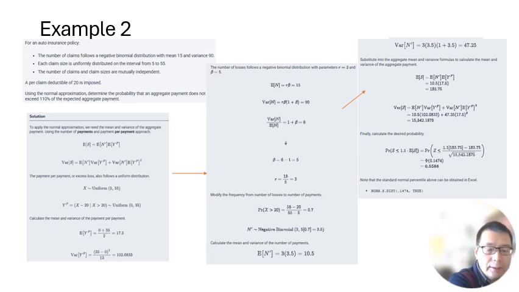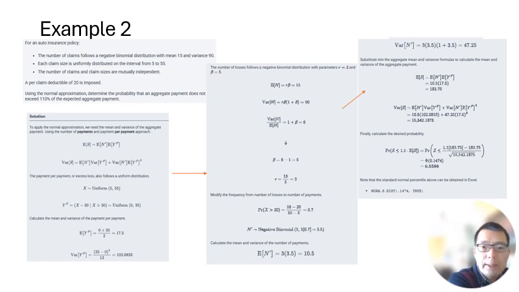From here, we can get the expected value of M prime to be 3 times 3.5 equal to 10.5, and the variance to be 47.25.